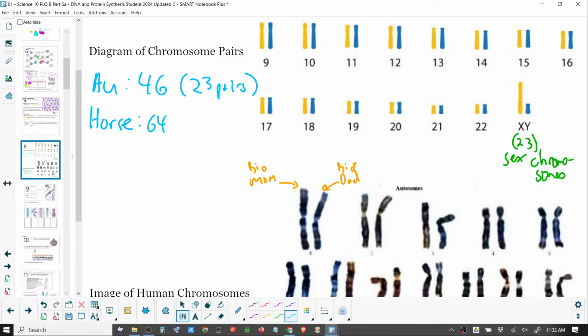How many pairs? 32. A donkey has 62. How many pairs do they have? 31 pairs.